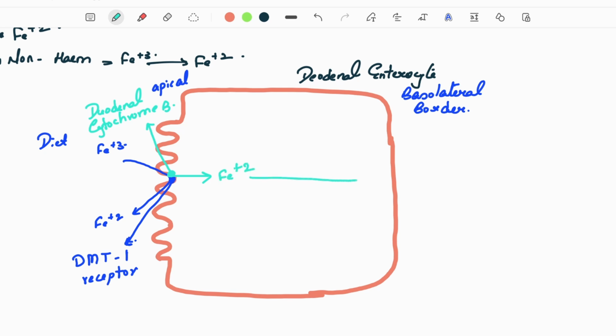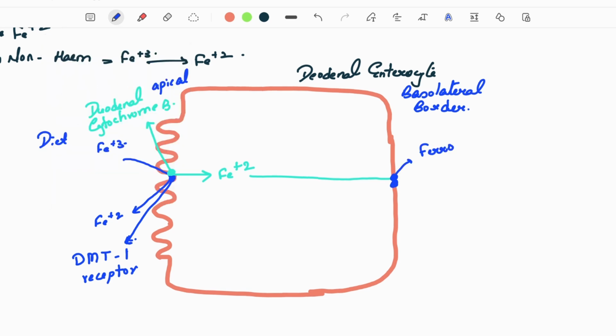From here it reaches the basolateral border, and from there, with the help of ferroportin, which are nothing but the channels that send the iron out, the Fe2+ will come out.